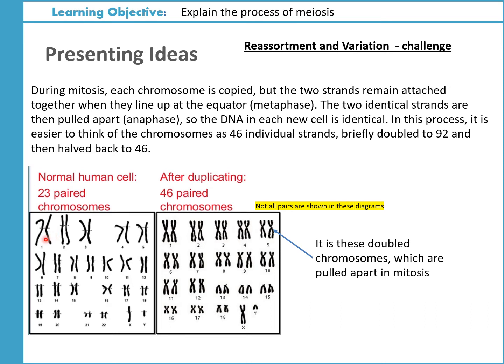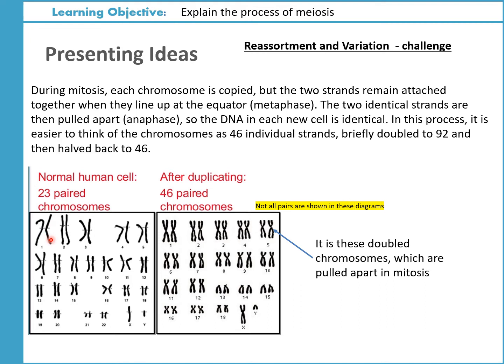The important thing to note is that because these chromosomes have come from different parents, the allele, as we call it, the copy of the gene for eye colour on one chromosome may be different to the copy of the allele of the gene for the other. So for example, this chromosome may carry the blue-eyed gene, this chromosome may carry the brown-eyed gene.